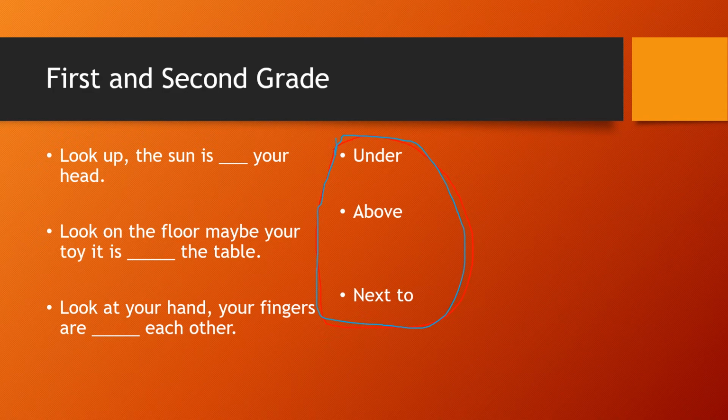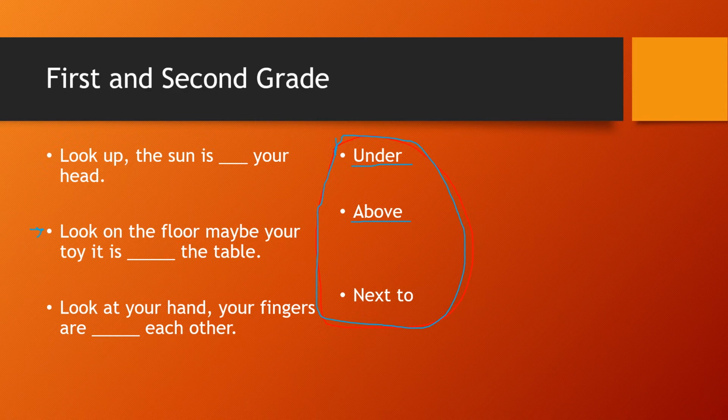So look up, the sun is, let's try, under your head? No, maybe not. On this sentence, look on the floor. Maybe your toy is above the table. Well, if it's above the table, is it floating in the air?